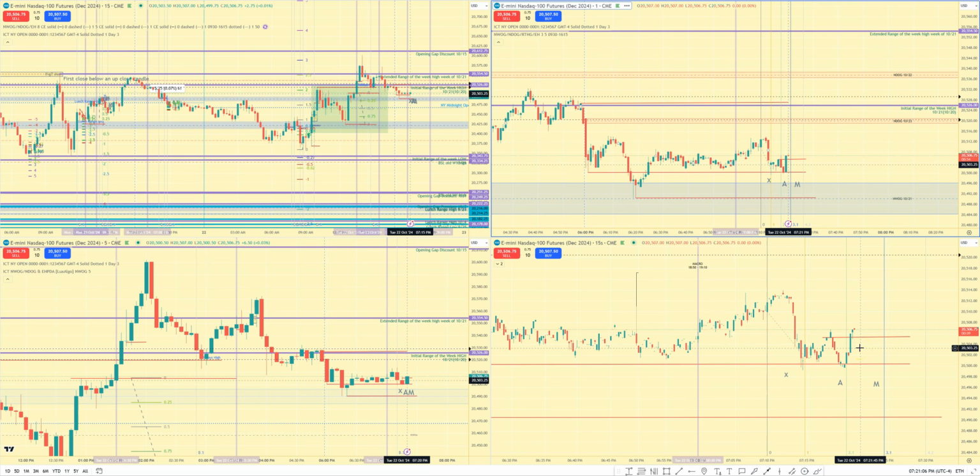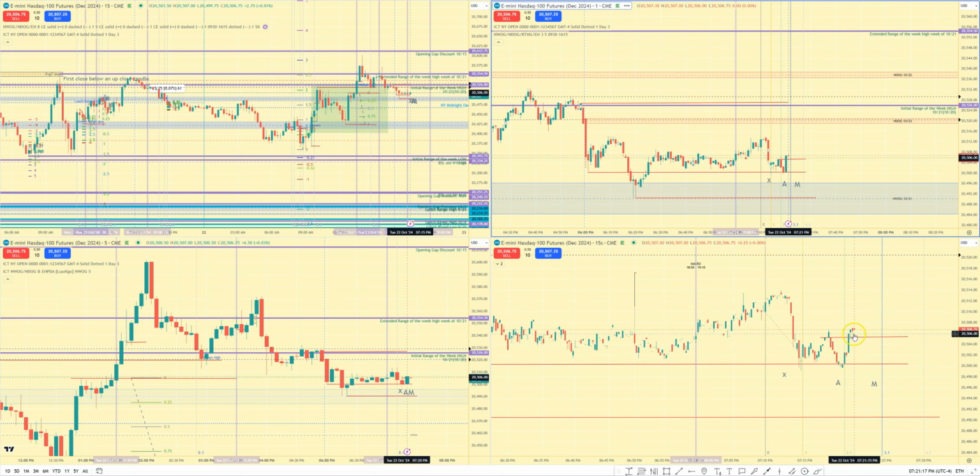And now the fair value gap or volume imbalance, that's right there. It occurred, so I could have got in right there.